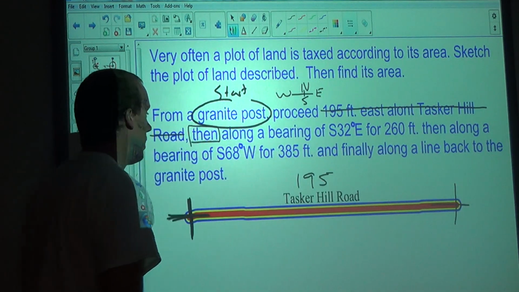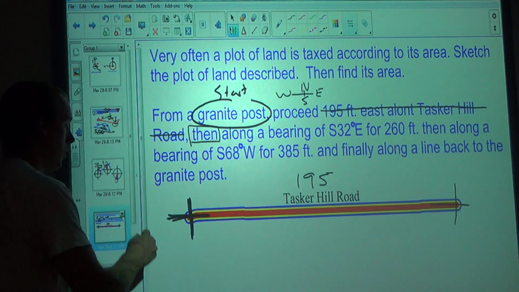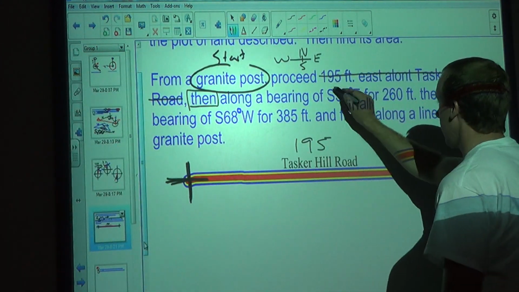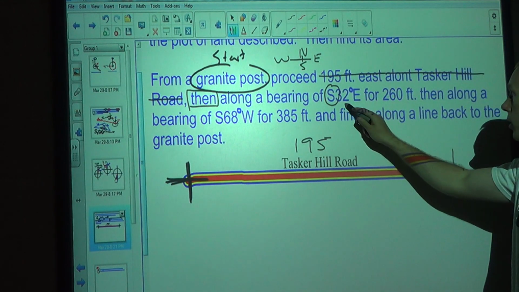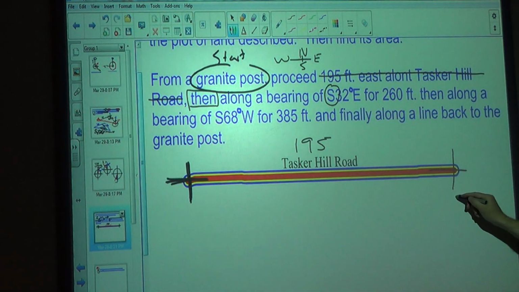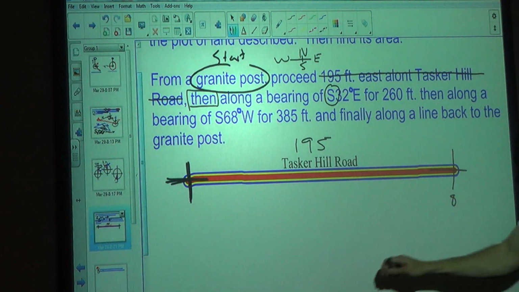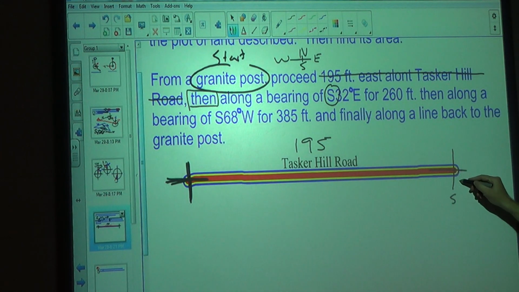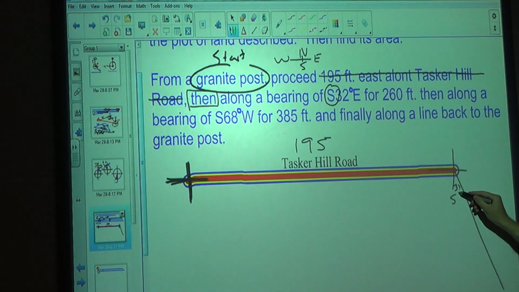Okay, so then, on a bearing of south, 32 degrees to the east, so that means I'm starting in the south, and I'm going 32 degrees to the east. So south is down here, 32 degrees in the eastward direction, so this is 32 degrees there.